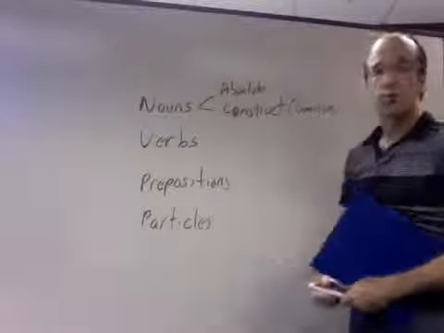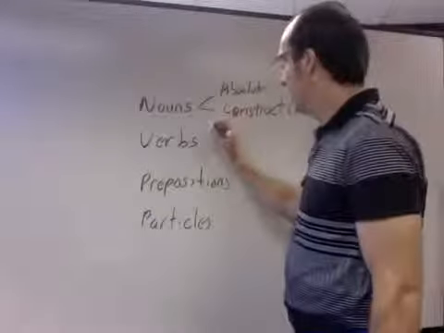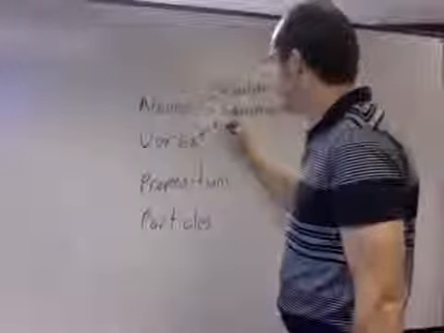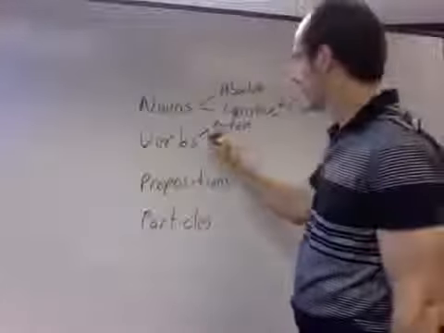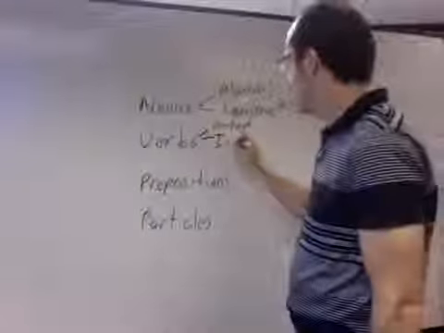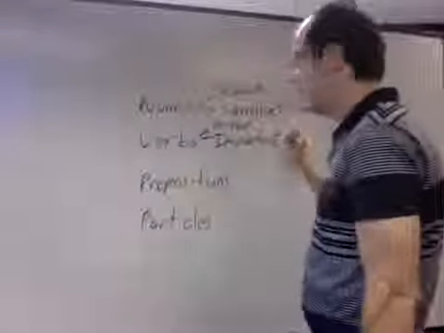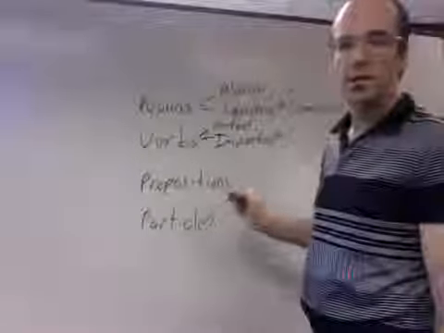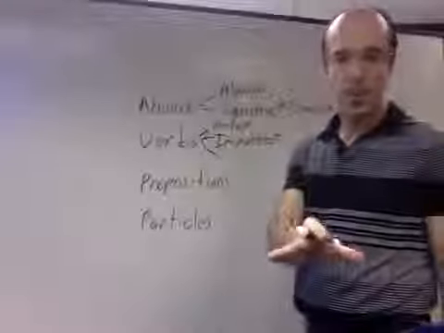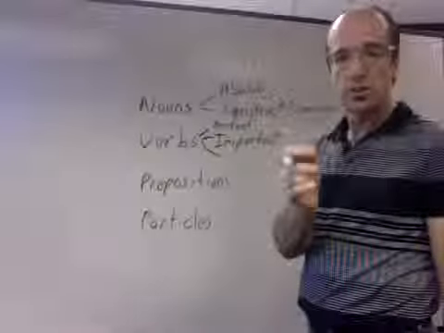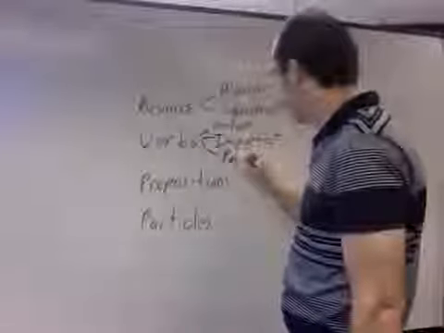Now, verbs, just to quickly review this, we're going to have perfect, imperfect, and then depending on when you took Hebrew, John Cook is going to call this next category in his book past narrative.